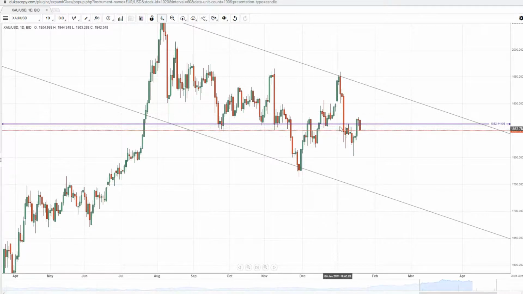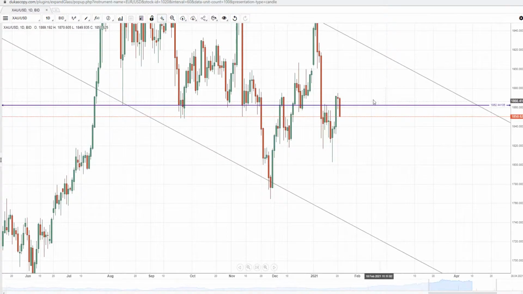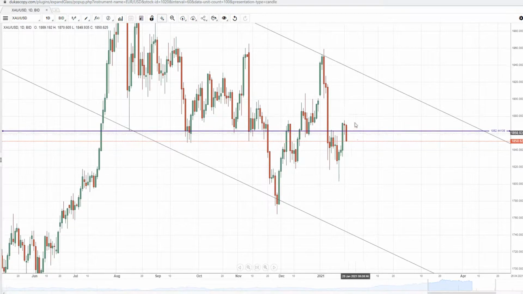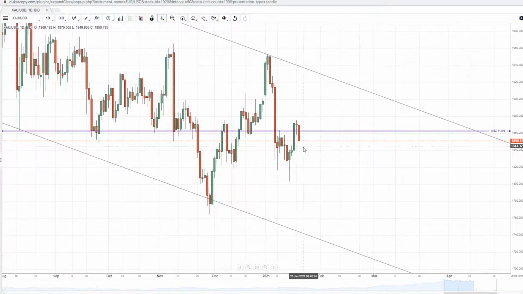The price broke that strong resistance level and closed above it. So in all tendency, gold is supposed to be moving to the upside because it already broke out from this strong resistance level. However, what are we looking at right now? Gold is making a downward move, which is not good.